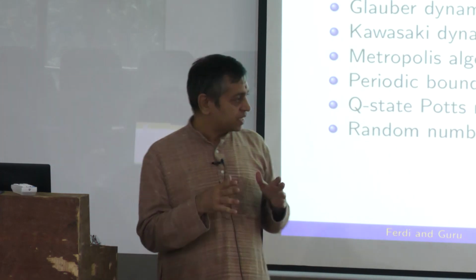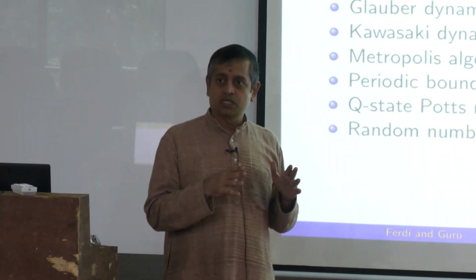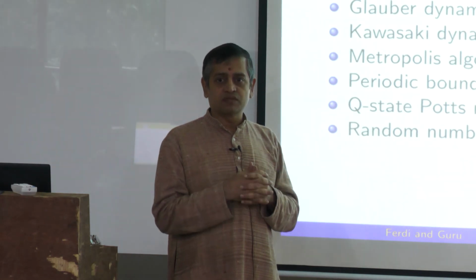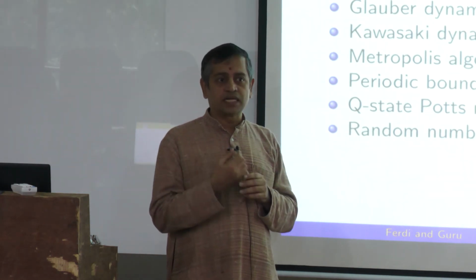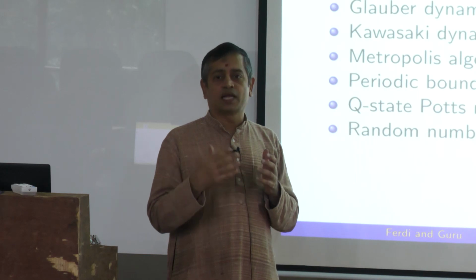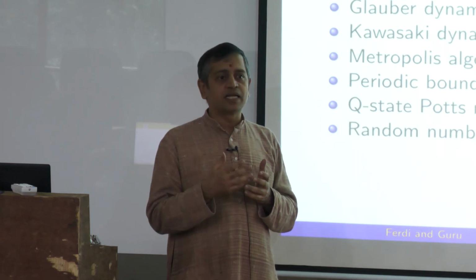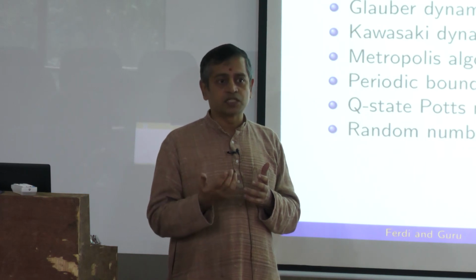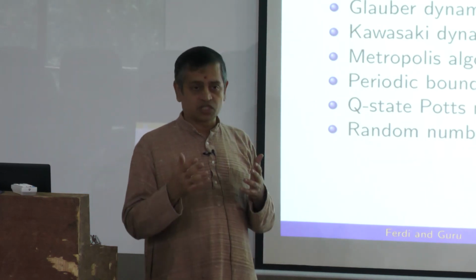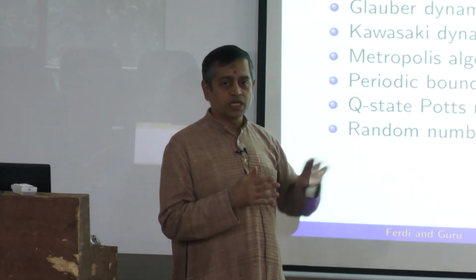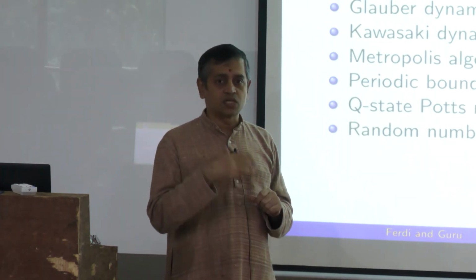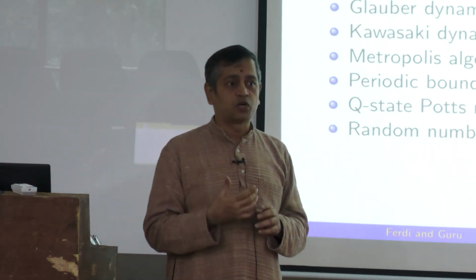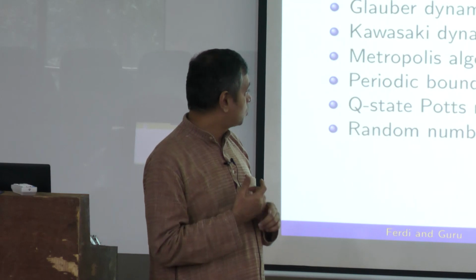Even though Monte Carlo is an atomistic model, there are generalizations where each Monte Carlo lattice point could represent something more than a lattice point, and might not be one single atom or one single molecule. One of them is the Q state Potts model, which is very important, and is also used towards the later part of this course. We will use such Potts models, so it is important to know what they are.